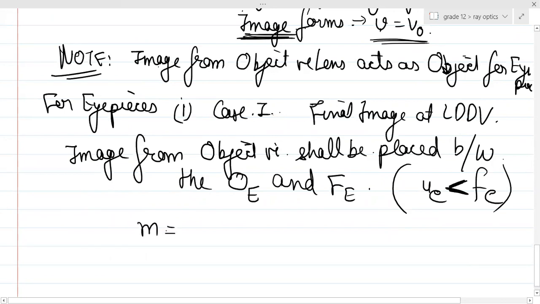In this particular case, what is the formula for magnification? Guys, what is the formula for magnification, which is beta by alpha? Can anyone tell me?